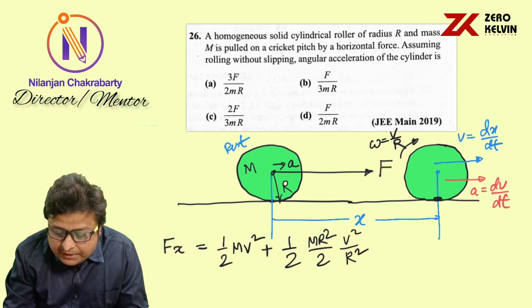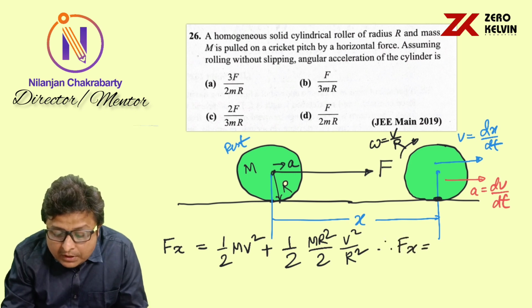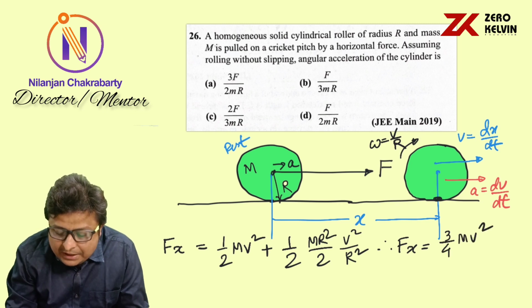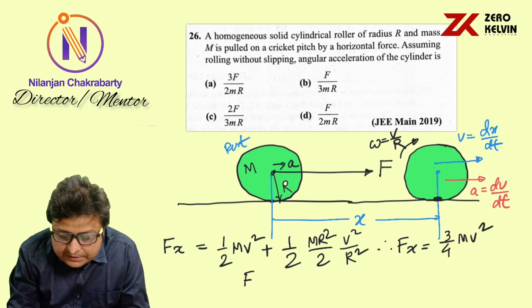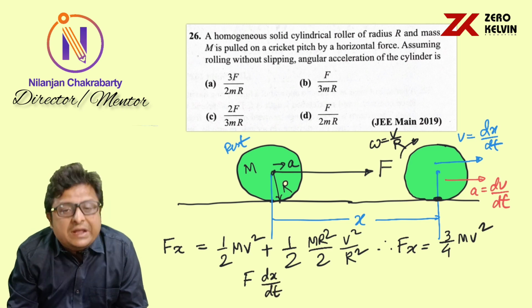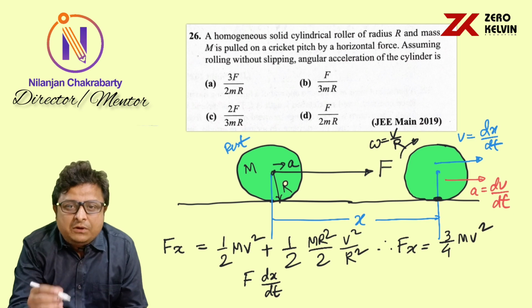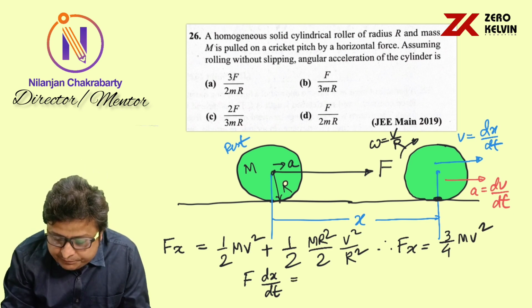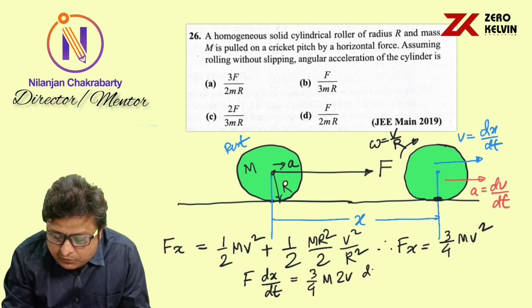So F into x is equal to half plus 1/4, you get 3/4 mv square. Differentiate with respect to t, or you can do it with respect to x. So F into dx/dt is 3/4 m 2v into dv/dt.